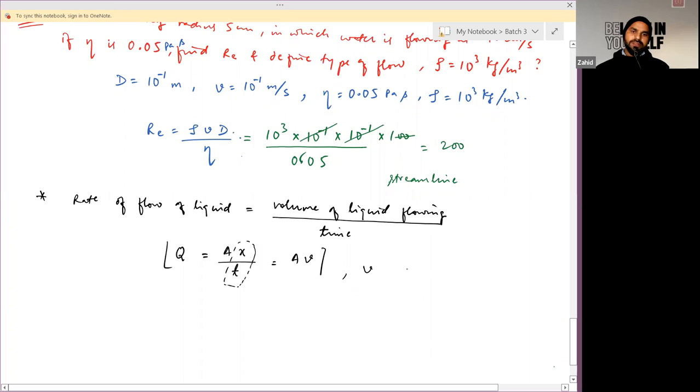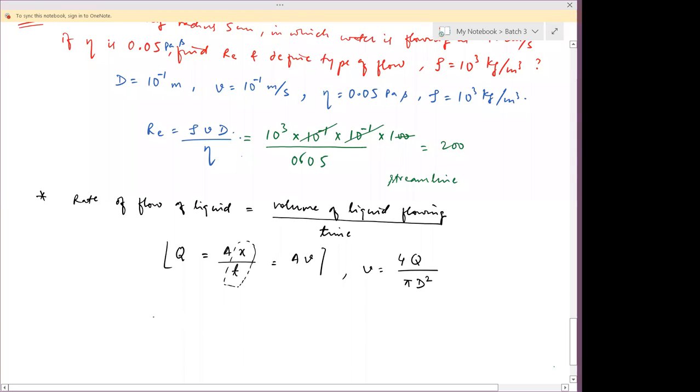So velocity will be equal to Q divided by the area of cross section. Since the tube is circular in shape, the cross-section area will be circular, so area will be pi r square, but we are dealing with diameter, so we can write pi d square by 4. Now put this expression in the above formula.